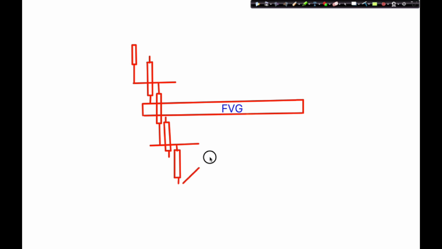Filling is basically coming up, reaching that gap, and then going wherever it goes. But in most cases, it will reach, fill, and then continue in the downward direction.